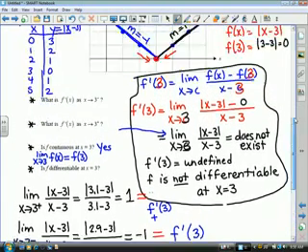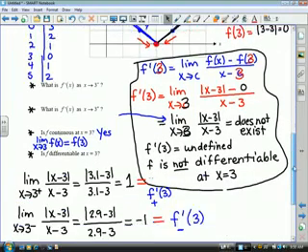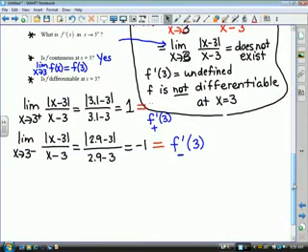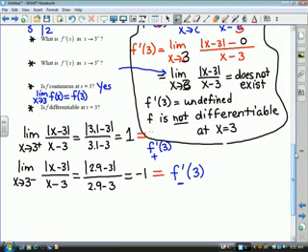And then we can see by just looking at the graph that those derivatives are different, right? That slope's 1, that slope's -1, they're not the same. So what is the derivative as x approaches 3 from the left? Well, we just said that was -1, and this was 1, so it's not differentiable.